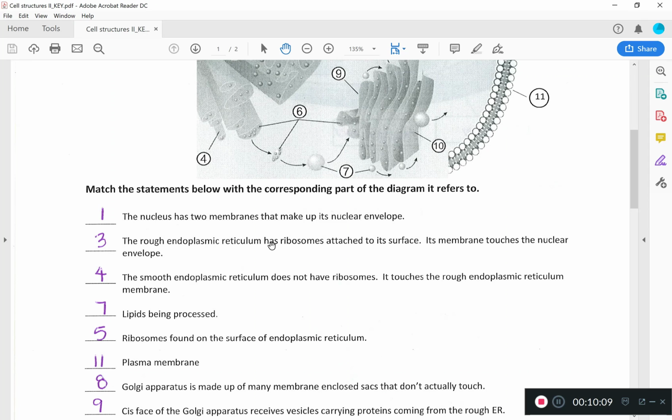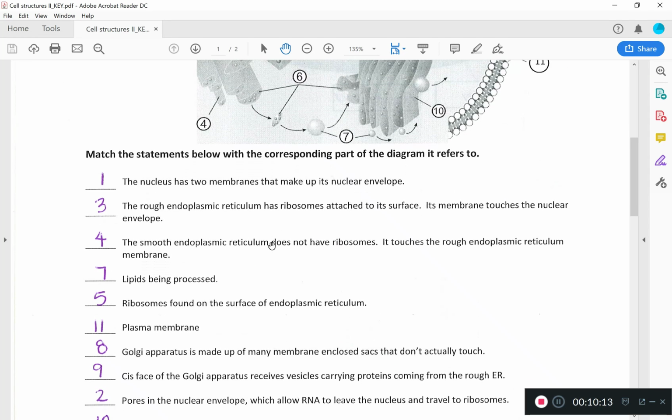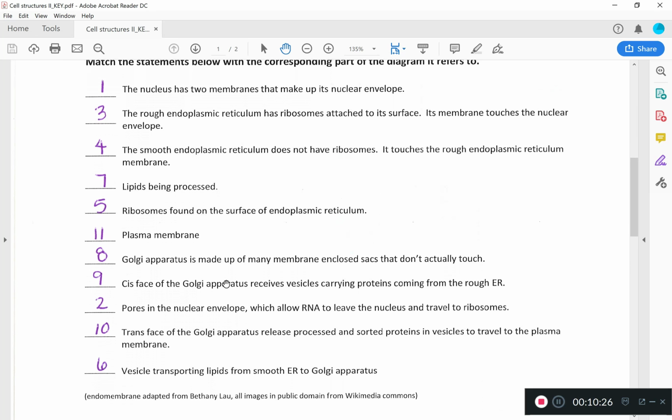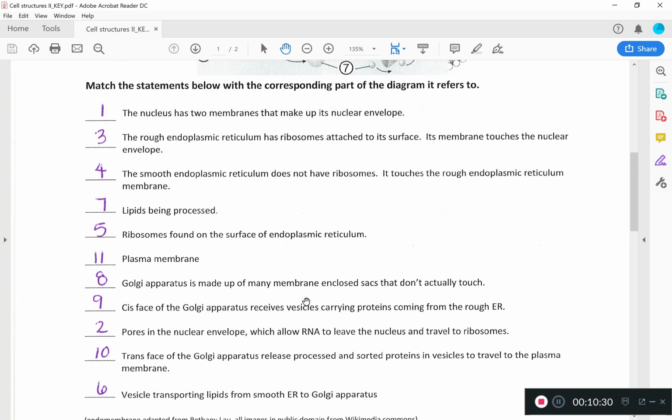The rough ER has ribosomes attached, and then from there it will eventually travel to the smooth ER that doesn't have any ribosomes, and then from there it will be packaged off. And once it's packaged off, it goes to the Golgi apparatus.